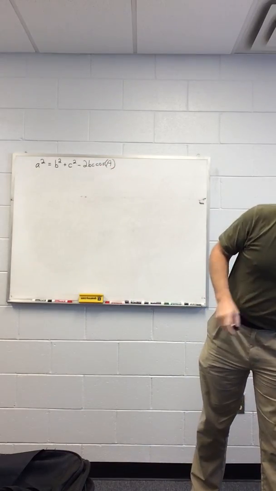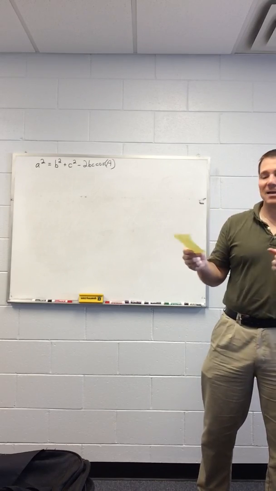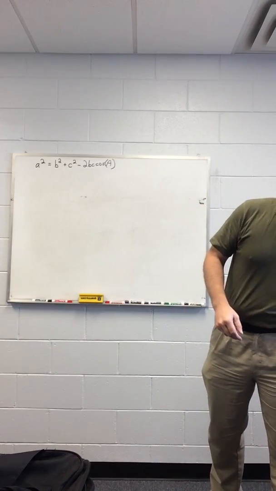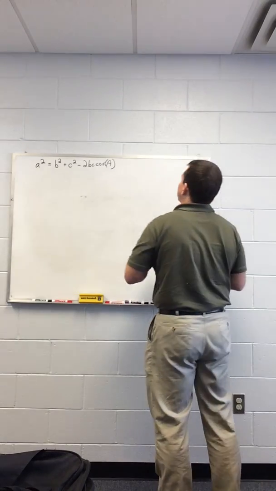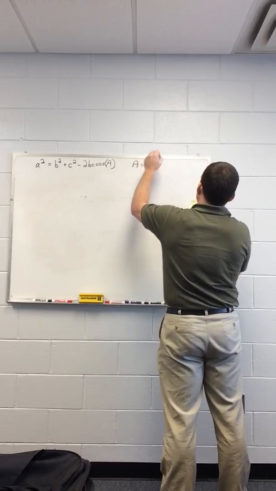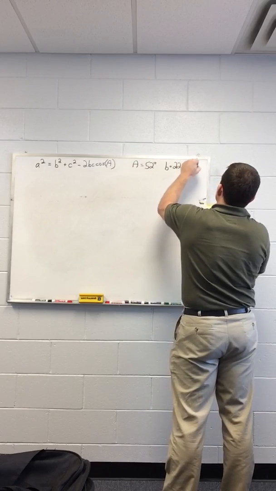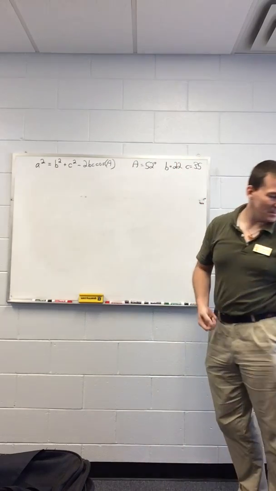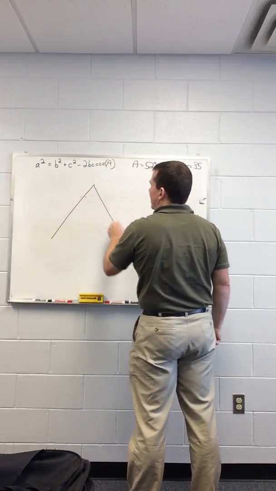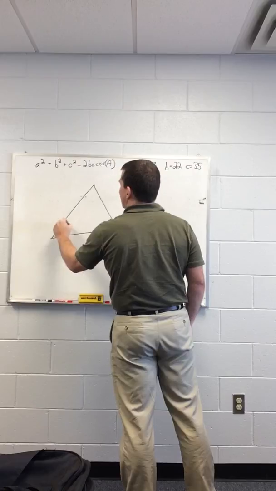As an example, we'll work through this, and I have my calculator so we can make sure we all get the same answers. Suppose I have this one right here. We'll say angle A is 52 degrees, B is equal to 22, C is equal to 35. If I draw my triangle, this is angle A, so that's 52 degrees.